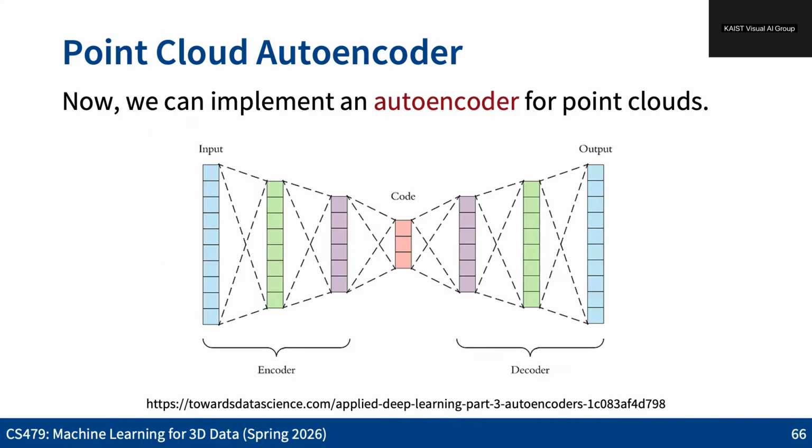This is the simplest way to have a point cloud autoencoder: the encoder gives us a compact latent representation capturing the global information of the point cloud, and then the decoder reproduces the input point cloud through this autoencoding architecture. As you may know autoencoders for images, now we can make a point cloud autoencoder as well.